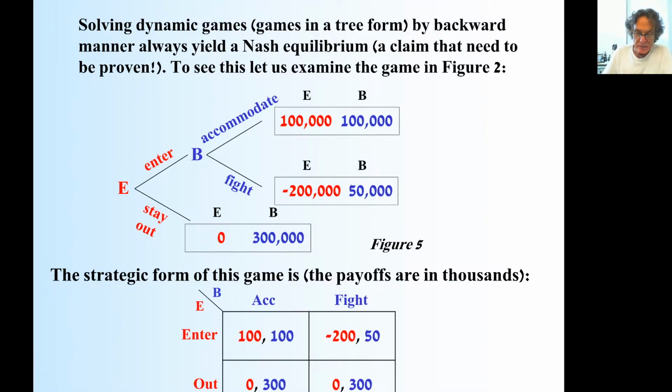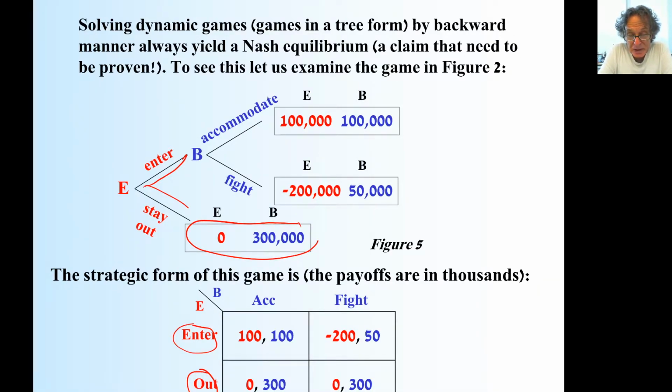Let's see. E can either enter or stay out. If E stays out, it doesn't matter if B accommodates or fights, that is the outcome: 0, 300, 0, 300. Why? Because E stays out.